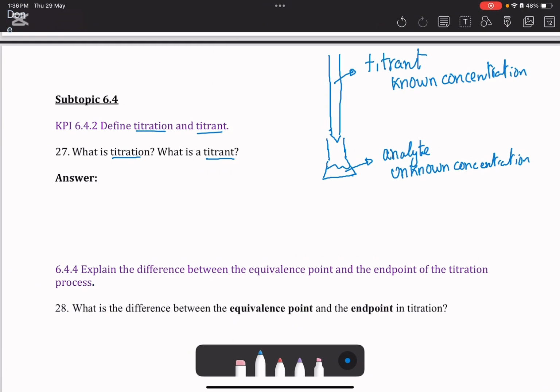Titration is an experimental technique where we use a solution of known concentration and add it drop-wise to a solution of unknown concentration for the purpose of determining the concentration of that unknown. So we use it to find the concentration of an unknown acid or base. Titrant is the solution that is added in the burette and it has a known concentration.